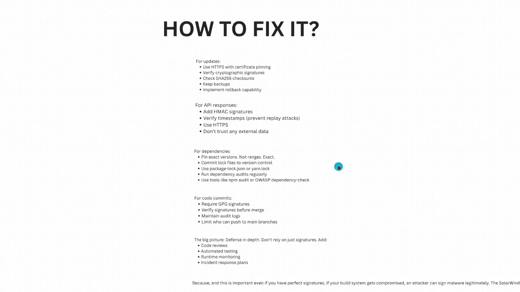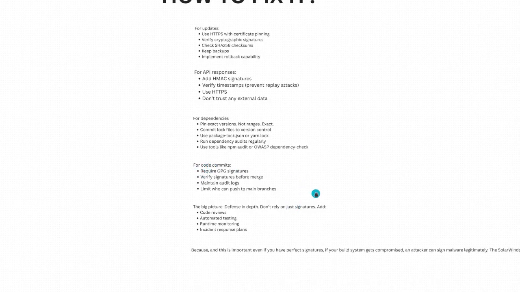For dependencies, pin the exact version, not a range. Commit the lock file to version control. Use the package-lock.json file. Run dependency audits regularly and use tools like npm audit and OWASP Dependency-Check. For code commits, require GPG signatures, verify signatures before merge, maintain an audit log, and limit who can push to the main branch.